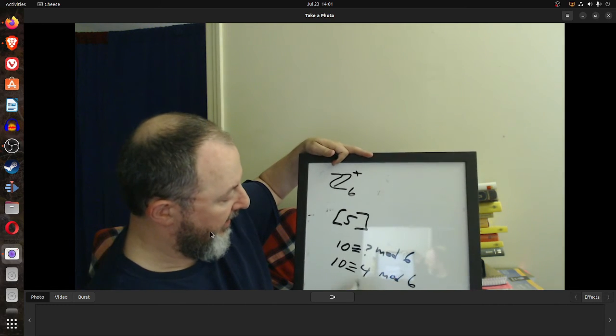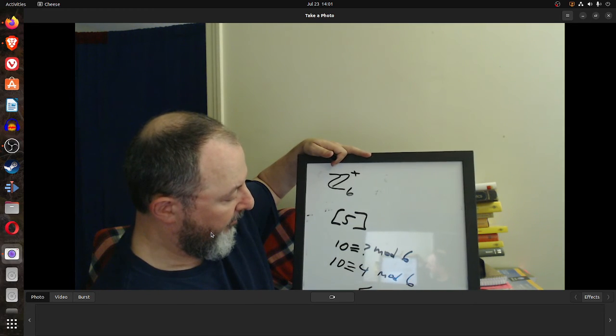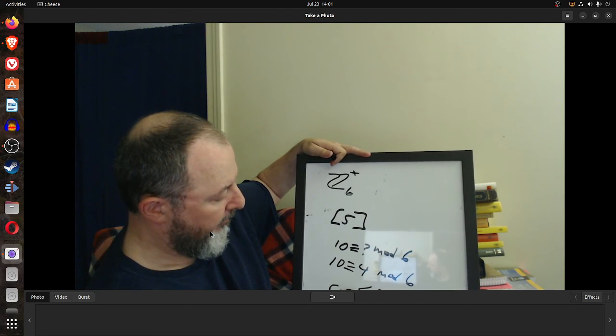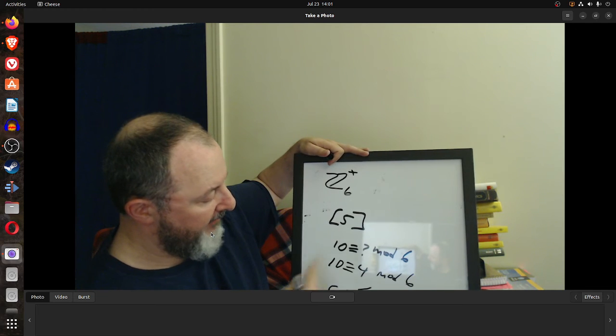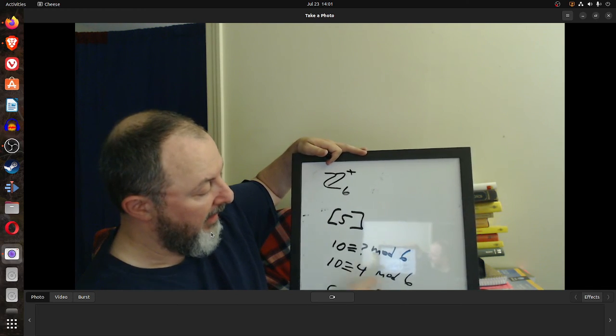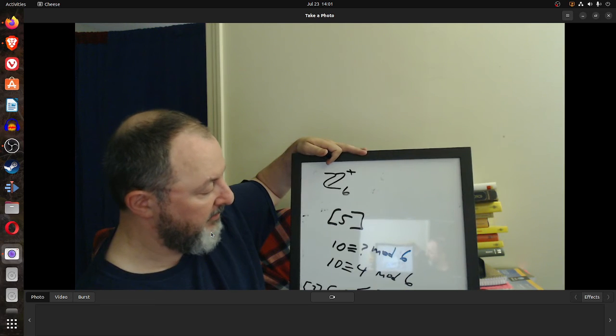So we have 5, and we have the number 4. Now if we add 5 again to 4, that's 9, and 9 is congruent to 3 mod 6.